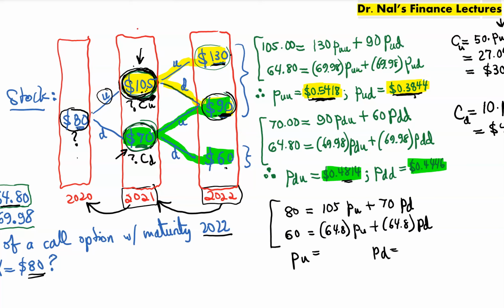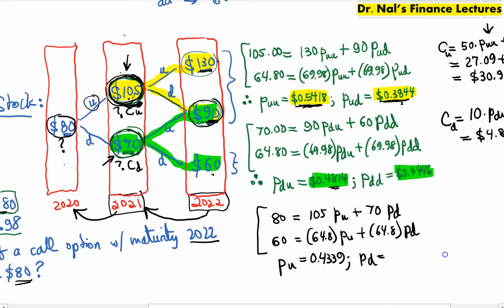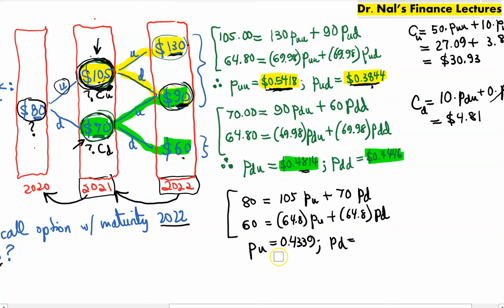All right, so I got my numbers as 0.4339. This is the price, obviously, so this is equal to a dollar sign 0.4339, and this one is a dollar sign 0.4921, 49.21 cents if you want.